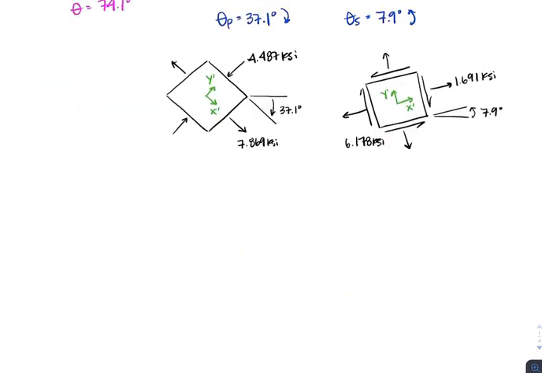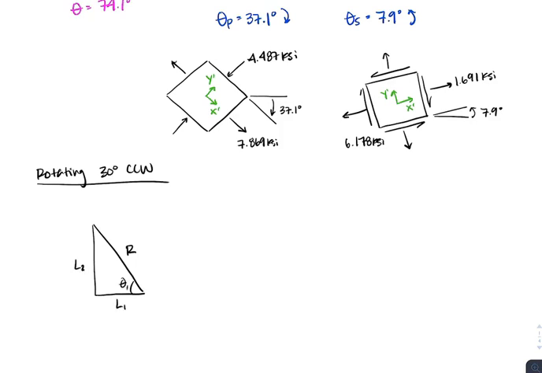So we're trying to find rotating 30 degrees counterclockwise. So that leaves us with a triangle that looks a little bit like this. So we have, this is our radius, this is going to be our theta 1, we'll call this value L1 and this value L2.